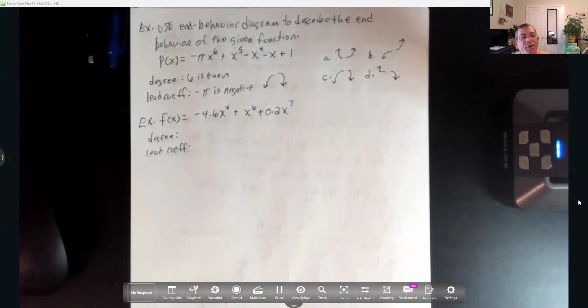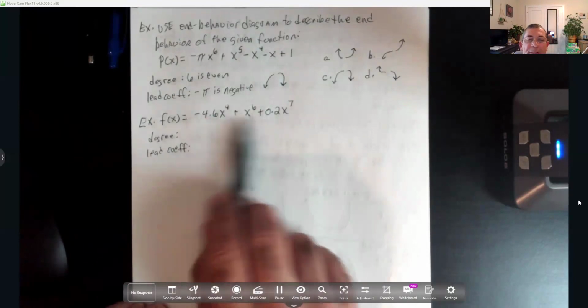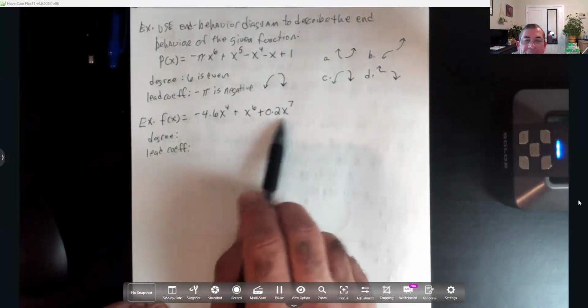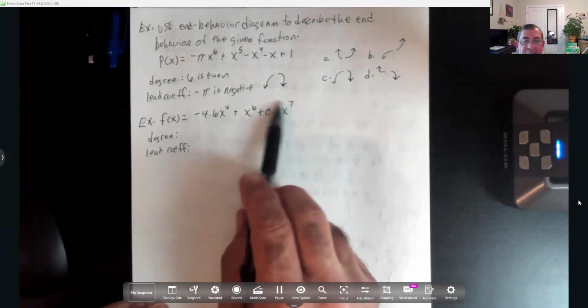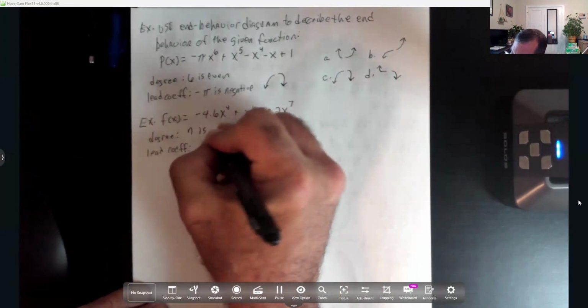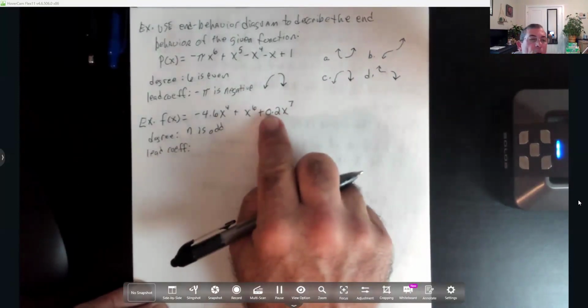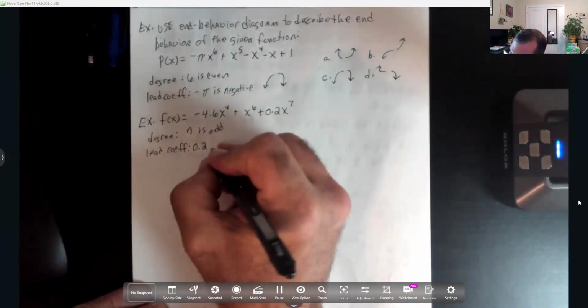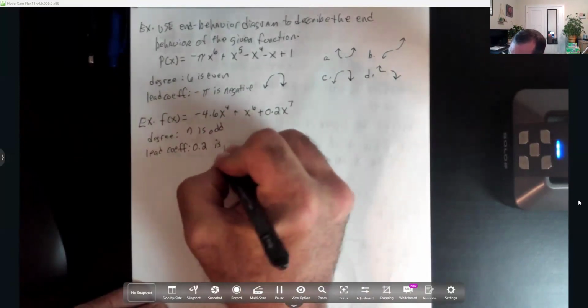Oh, good job. I think you caught the trick on this one. The trick was that this isn't in order by degree. The degree is this 7 sitting at the end, so the degree is 7, which is odd. The lead coefficient is the 0.2, which is positive.